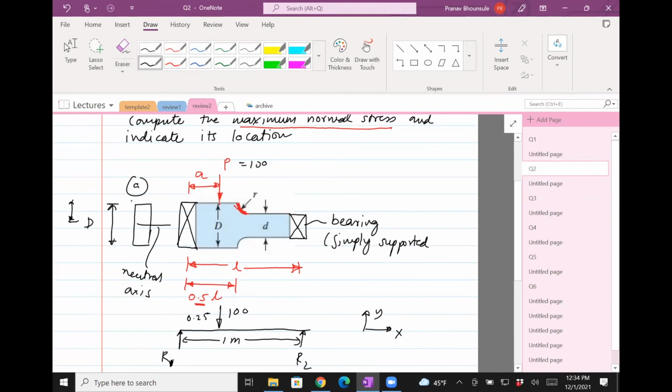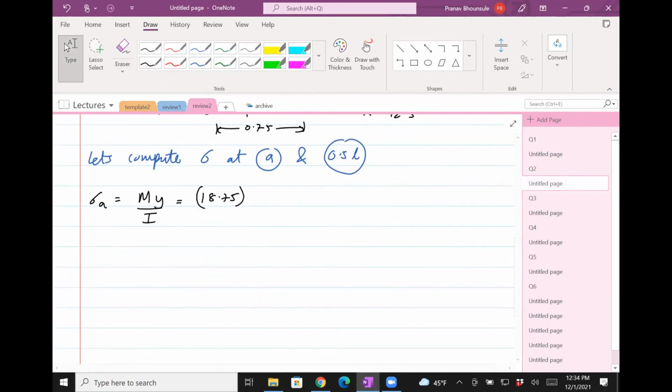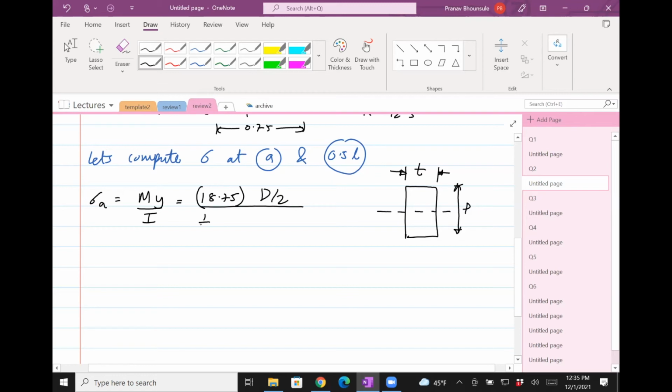And also we're given the thickness. So the thickness is this. So I'll draw that here. So we have capital D and T. So Y is D divided by 2 because the neutral axis is this. The inertia is 1/12 B times H cube.